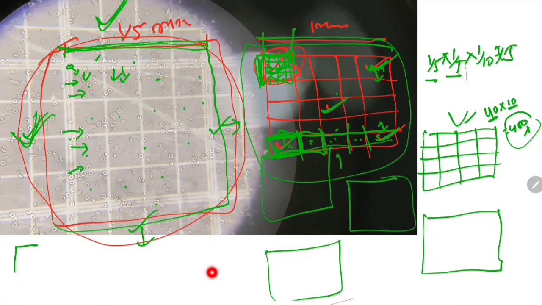Suppose this cell is touching, so it will count inside, and this cell we obviously count because this is already inside. But here with the same formula, suppose this cell is touching the middle line, so it should go in this cell and not here. But we are not counting all 25 cells, but ideally if you count, this will go into this box.